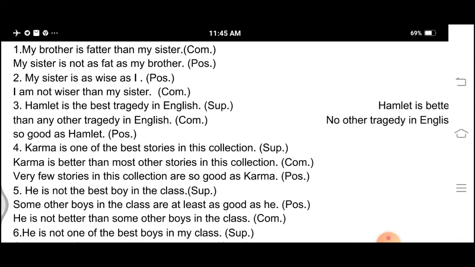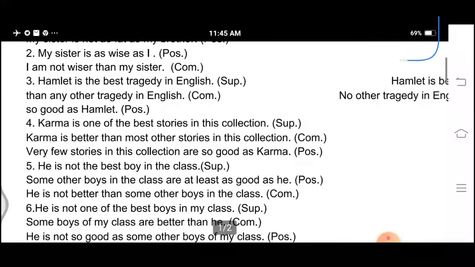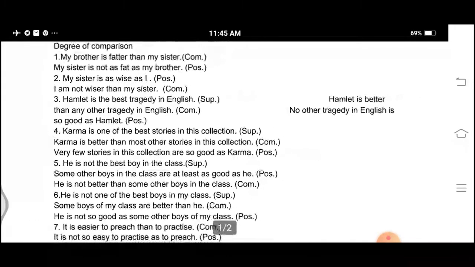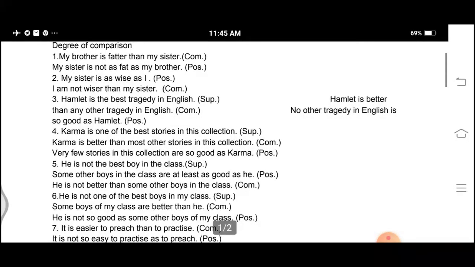So let us move further. Hamlet is the best tragedy in English. This is the superlative, and you have to make it first comparative, then positive. It's a superlative because best is here. Hamlet is better than any other tragedy in English. Better.